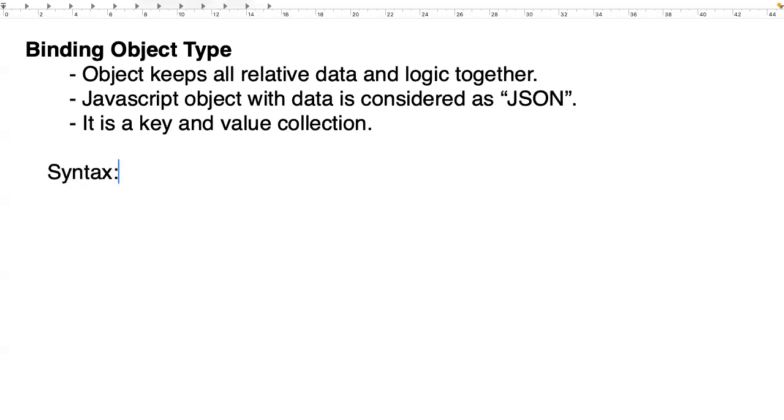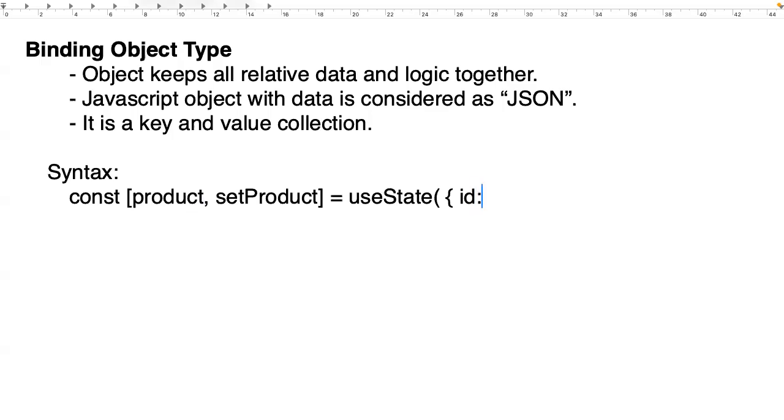So, const [product, setProduct] = useState. The object is designed in a block, right? It has an ID, some name, some price, like this. We can have any type of data.